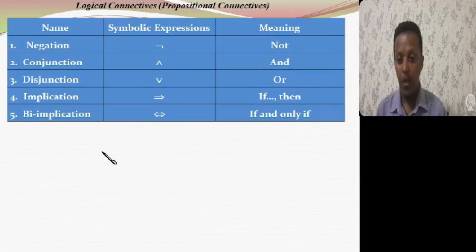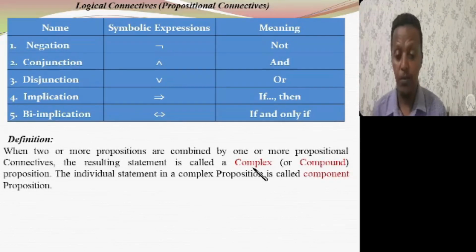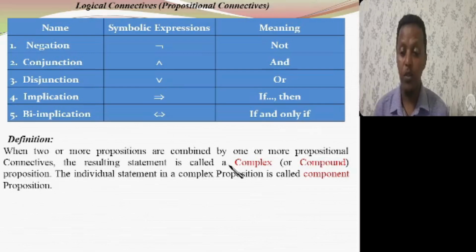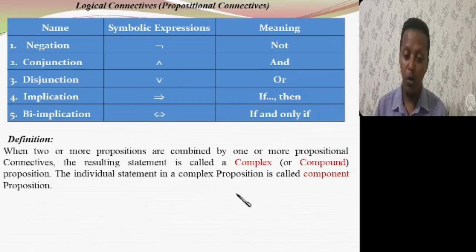Now when you combine 2 or more propositions based on these connectives, the resulting statement we call a complex or compound proposition. When 2 or more propositions are combined by 1 or more propositional connectives, the resulting statement, we call it what? Complex or compound. Individual statements in a complex proposition we call component propositions.